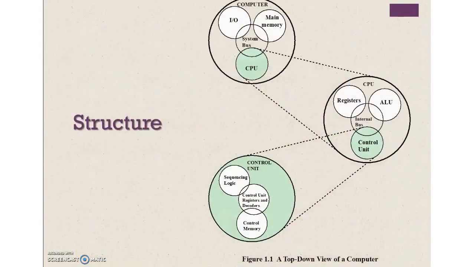We now look in a general way at the internal structure of a computer. We begin with the traditional computer with a single processor that employs a microprogrammed control unit, then examine a typical multi-core structure.